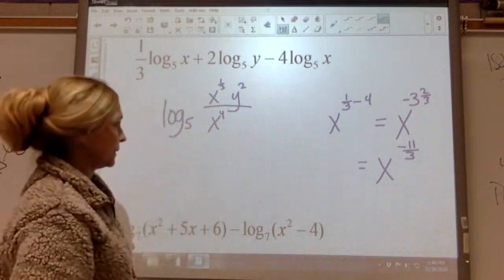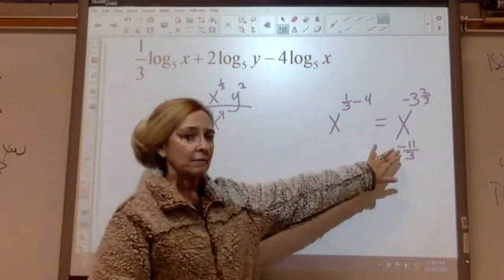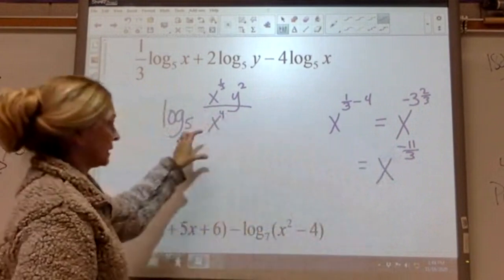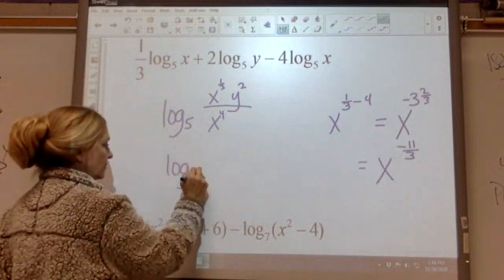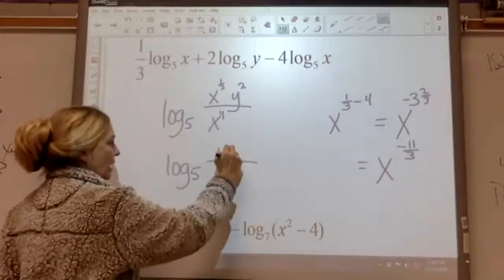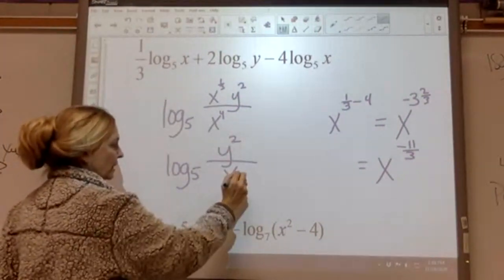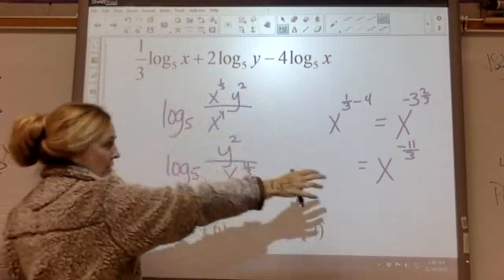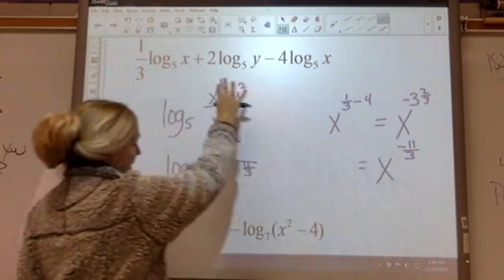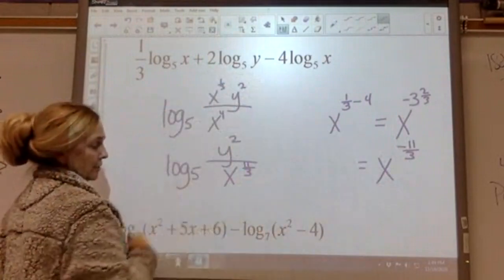Okay. Now, because I ended up with a negative exponent here, it tells me my x is going to be in the denominator. So this is going to be log base 5 of y squared over x to the positive 11 thirds, because I'm moving it from the numerator, and then that's negative, so I put it in the denominator.